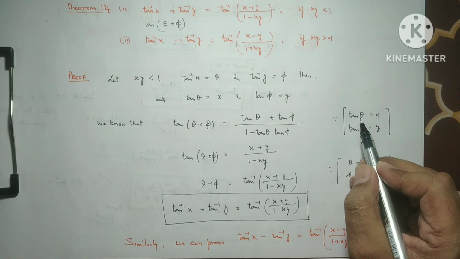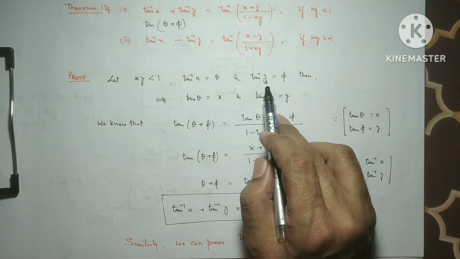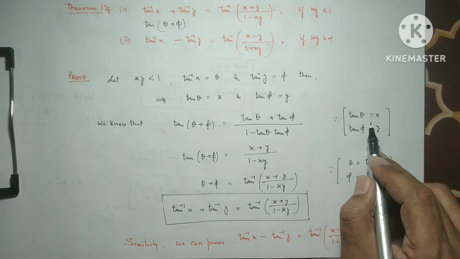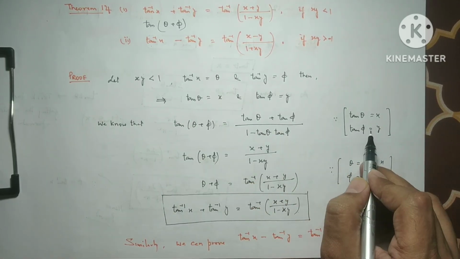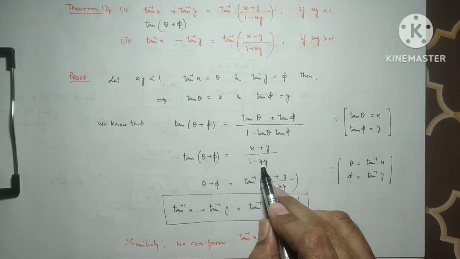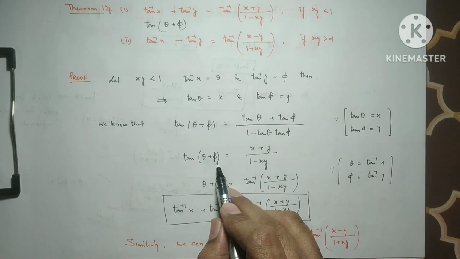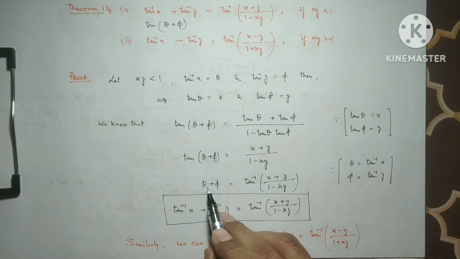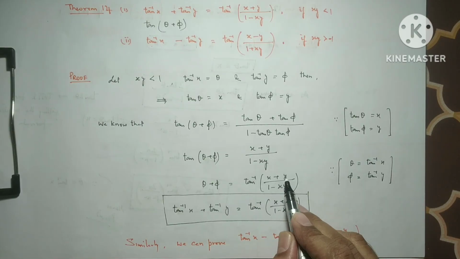And we know, according to our assumption, x is tan theta and y is tan phi. So we put these values on the right-hand side. Tan theta is x and tan phi is y. So this is x plus y over 1 minus the product xy, equals tan of theta plus phi. It means theta plus phi equals tan inverse of x plus y over 1 minus xy.